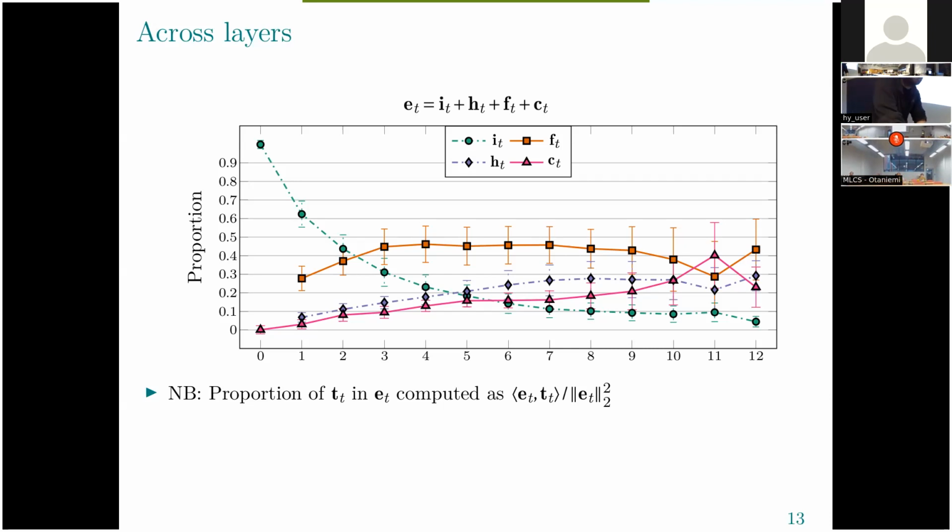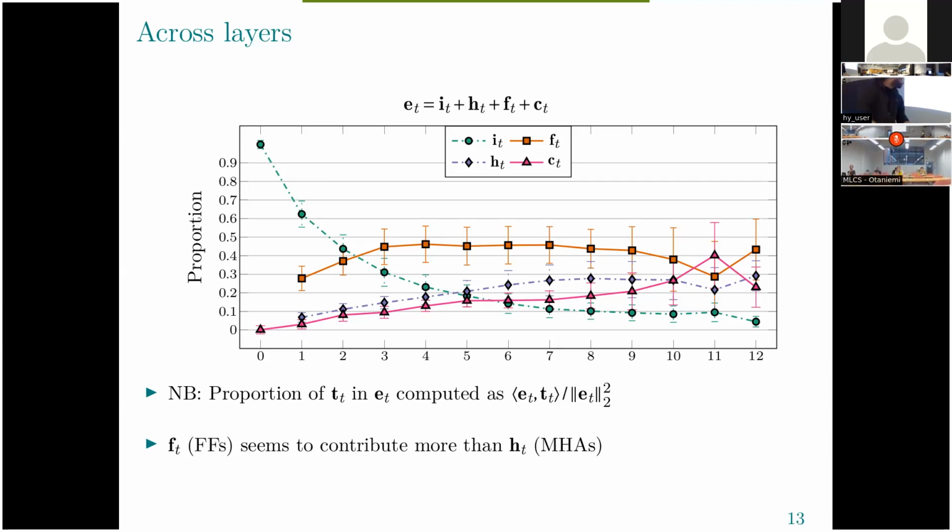Okay, so a couple of remarks about this graph and a couple of things that we can say right away. The first one is that feed-forward actually seems to contribute more than multi-head attention, given this measure of proportion. The line that corresponds to feed-forward is the orange squares here, whereas the multi-head attention is the dash-dot line with diamond dots.